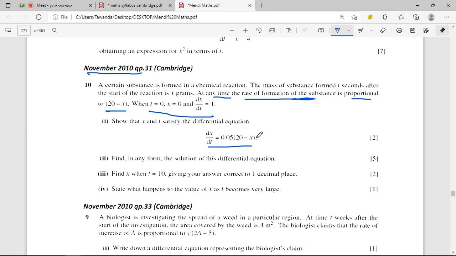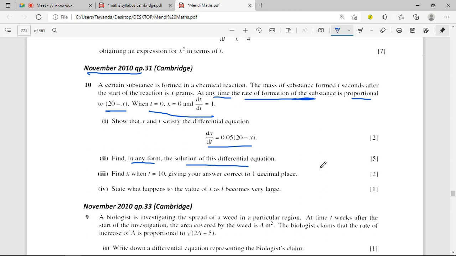Yes. So the next part, they will be saying try to find the solution, like part 2. Find in any form the solution to this differential equation. We are now starting from where we ended yesterday, where you were given the differential equation already, then they say to solve it.